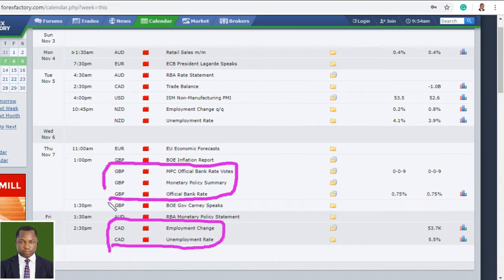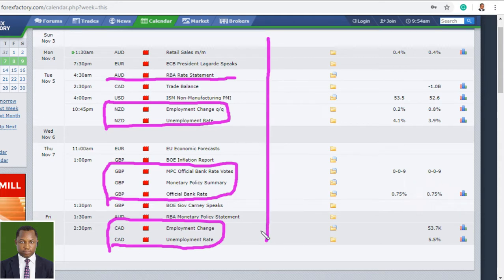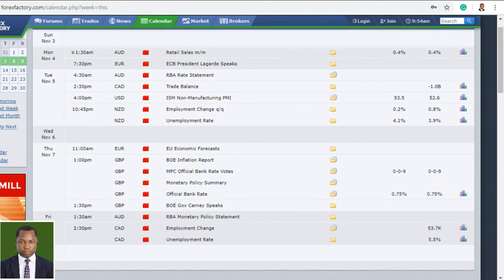You want to give that special attention. The employment data for the New Zealand dollar axis, interest rate for the Australian dollar. If you are an intraday trader, please take note of all of these high impact news announcements because they can spike the market in any direction. That is what we have for the Forex Factory economical calendar.